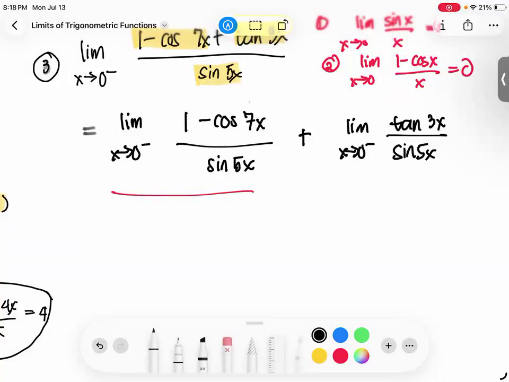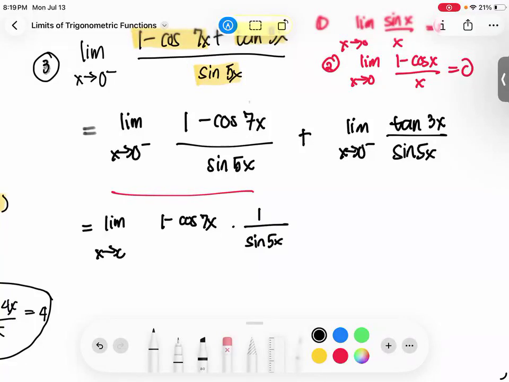We have the limit of 1 minus cosine of 7x, and then let's separate sine there, times 1 over sine of 5x as x approaches 0 from the left.